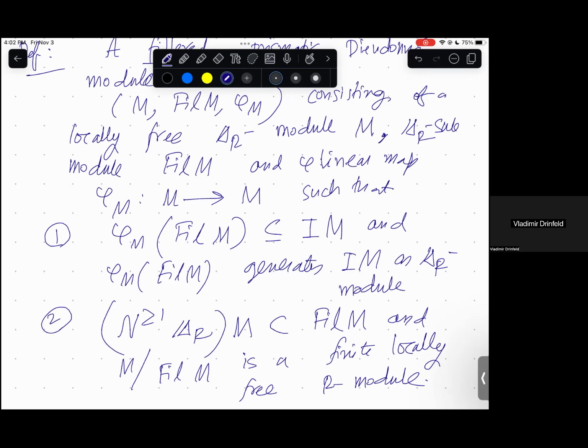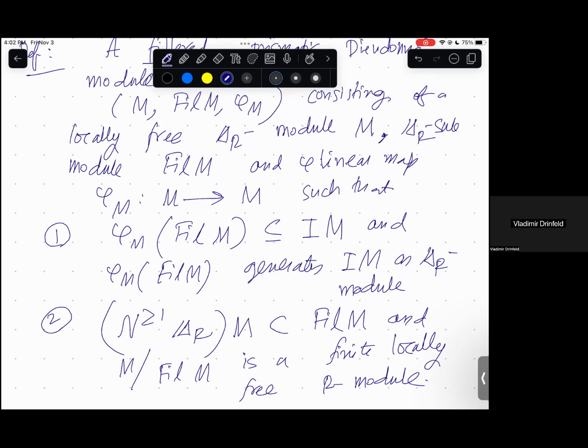Second is that this type of structure is implicit, at least in the situation of Dieudonné modules corresponding to p-divisible groups over perfect fields.